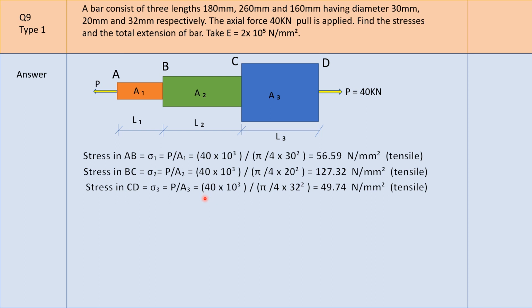Take the calculators in your hand and from bracket open, then press 40 exponential 3, bracket close, divided by bracket open, shift pi divided by 4 into 32, x square button, bracket close, is equal to, see, you get the answer 49.74 Newton per mm square tensile.